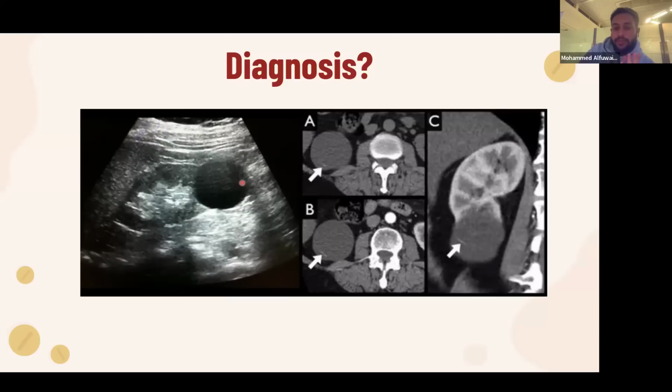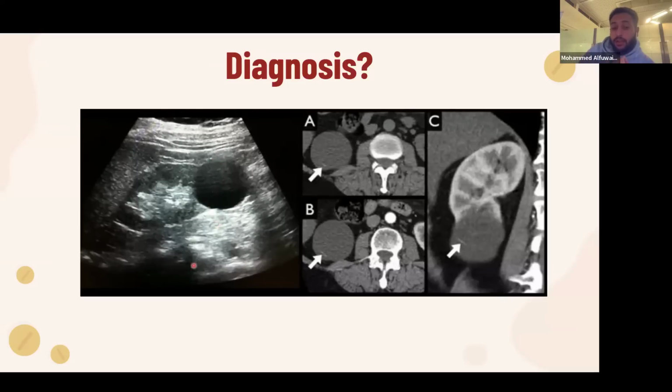Simple cyst, okay? Do you see any septations or septa in the cyst? Yes or no? No. Do you see any calcification around it? No. Do you see any tissue in it itself? No. This is completely anechoic. Anechoic, it doesn't pick up the ultrasound waves.